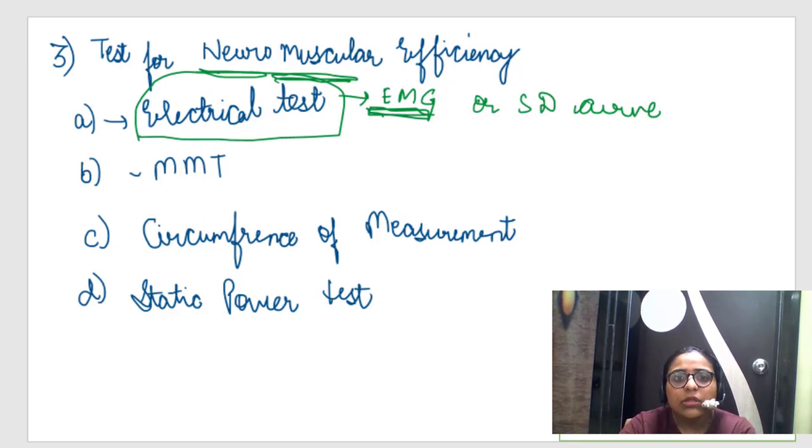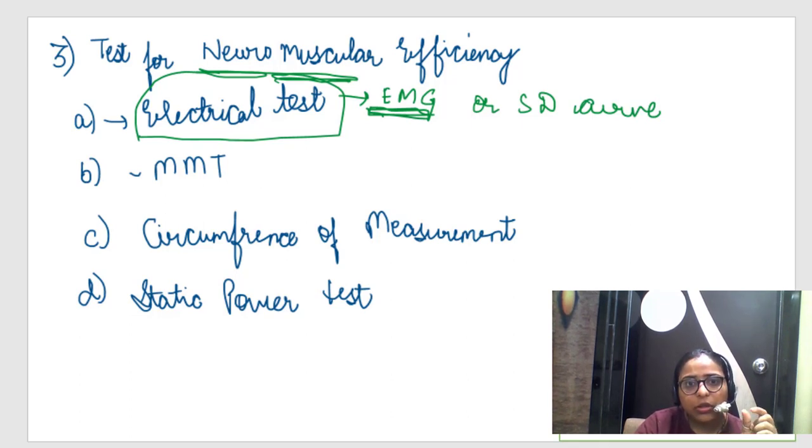How do you do this? You use the muscle stimulator, place the electrodes, check the muscle contraction at various intensities, and then draw the graph, right? In the SD curve, you plot strength against duration and get some values.